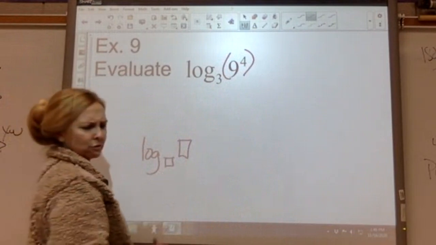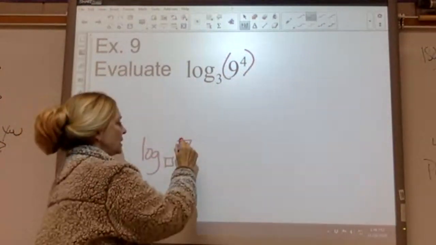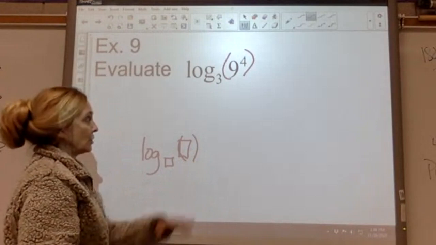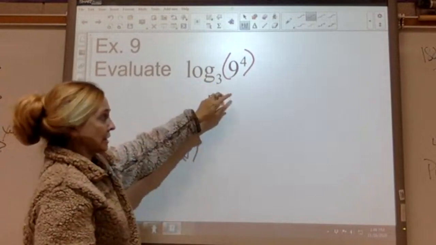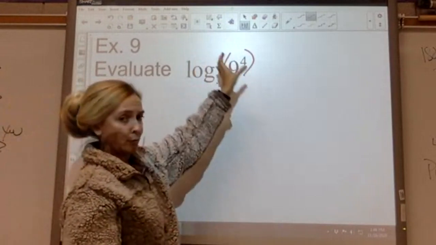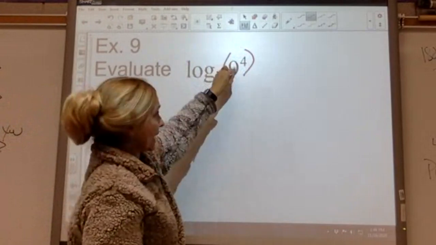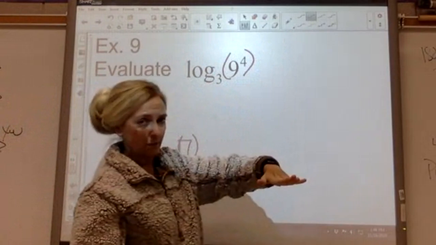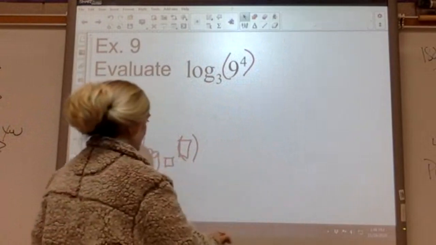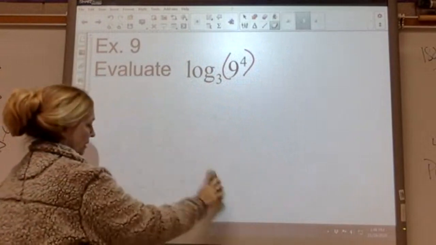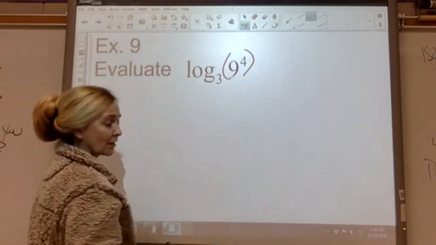It's going to have parentheses here. So you'll have log base 3, and then a box or a parenthesis, and 9 to the 4th goes all inside of that. It's not 9 with 4 on the outside. You get the wrong answer. Okay, so I almost did the inside, but we're going to actually use the properties and not the calculator.